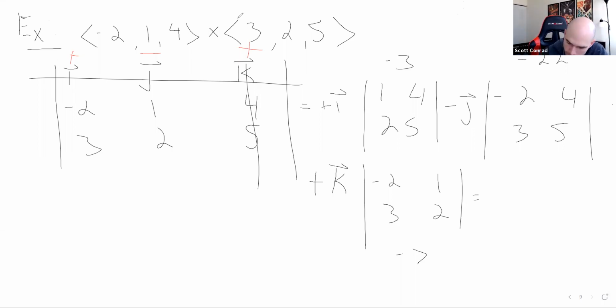So we get -3 times I, which means the first component is -3. And then minus J times -22, which is positive 22. And then plus K times -7, so the third component is -7.